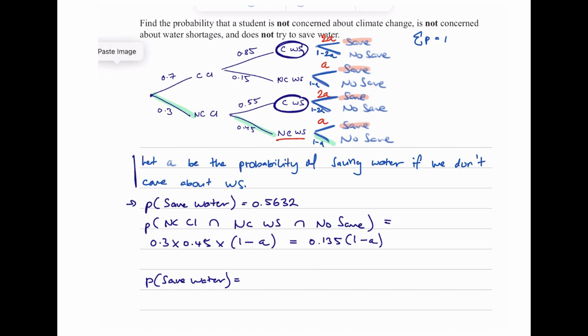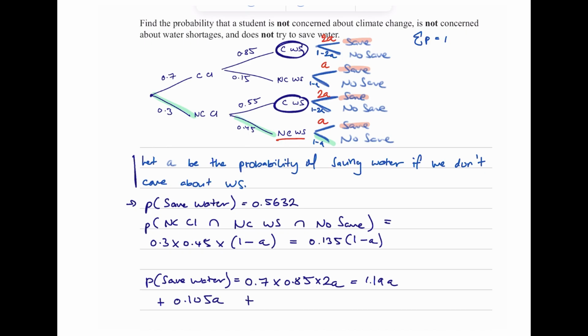So the first one is 0.7 times 0.85 times 2a. 0.7 times 0.85 times 2 is 1.19a, added with 0.7 times 0.15 times a, which is 0.105a.